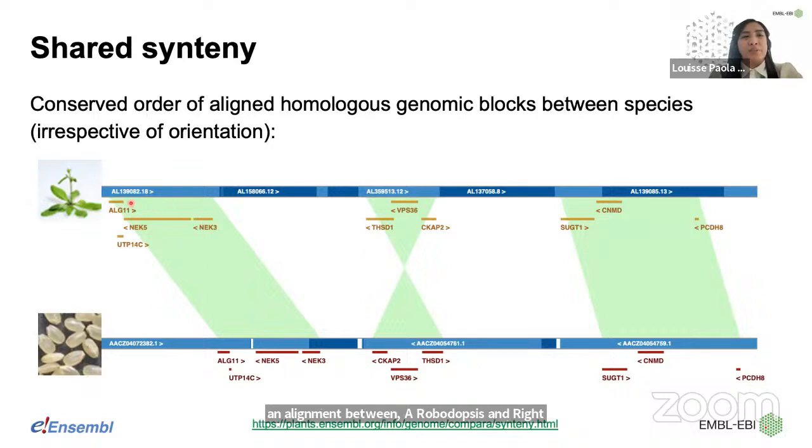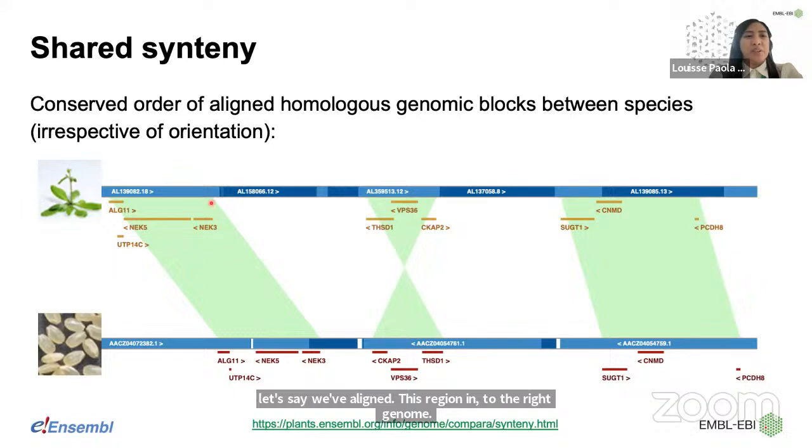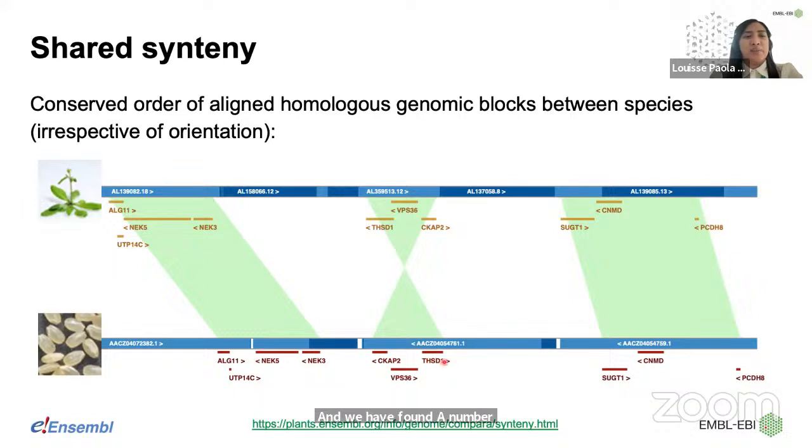Let's say we've aligned this region in Arabidopsis to the rice genome, and we have found a number of regions that align between the different genomes. Anything that's shaded in green, these are the regions that have aligned to the rice genome. But if you look closely, I'm not sure if I can actually zoom in. Let me check.